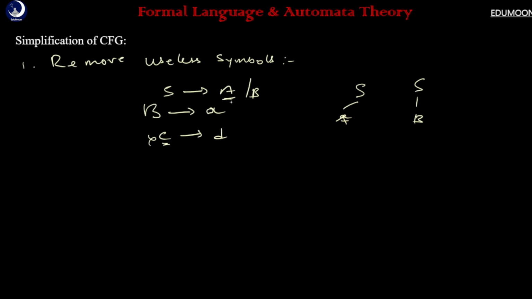So we conclude that A is also a useless symbol. In this grammar only S and B are the useful symbols, the remaining are useless. So we can simply eliminate symbol A and also symbol C.